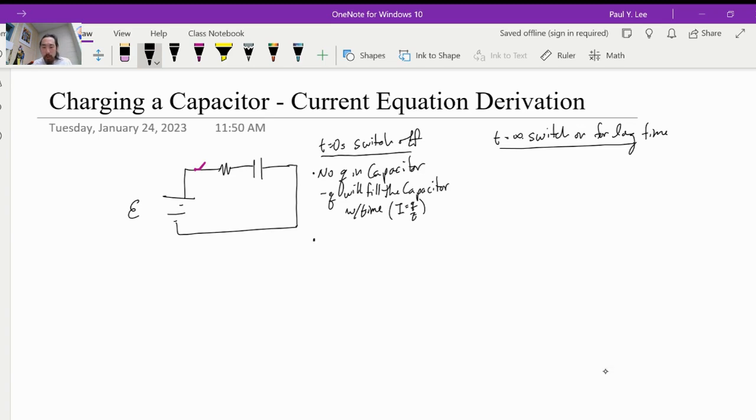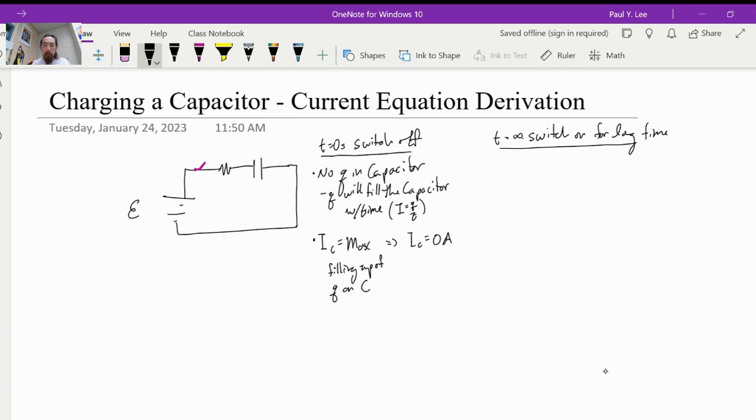One of the things that we saw in the classroom is that the current in the capacitor is going to be max right at the beginning. And the current approaches 0 as time continues on and on. This is because this will be a filling up of charge on the capacitor.